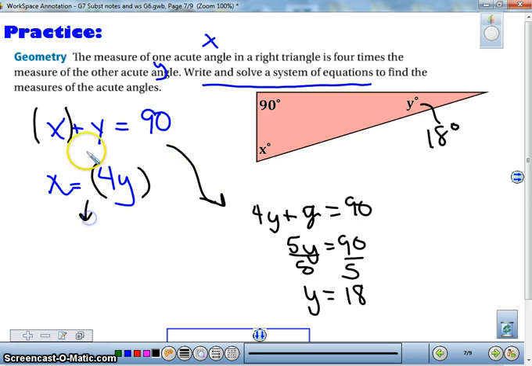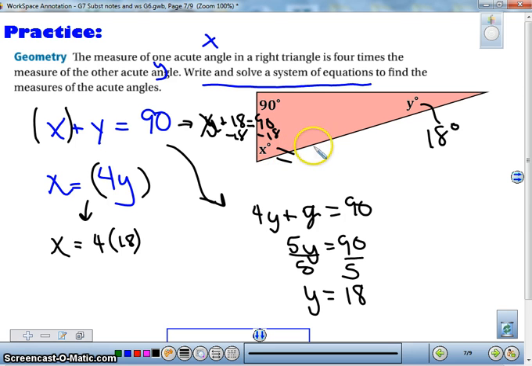Well, I have two easy ways to solve. I can subtract 18 from 90, or I can say x equals 4 times 18. Or I could have gone here and said x plus 18 has to be 90, and I could subtract 18. Either way, x should be equal to 72 degrees.